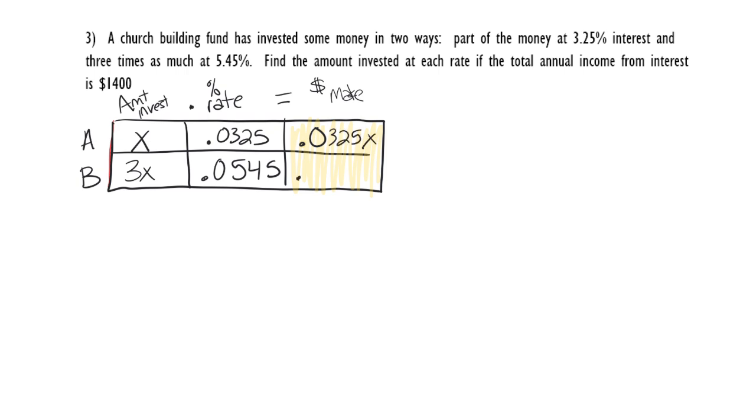And here I have, finally gonna get my calculator out here. I was doing some pretty good mental math on this. Okay, so I'm gonna take 3 times 0.0545, and I get 0.1635.